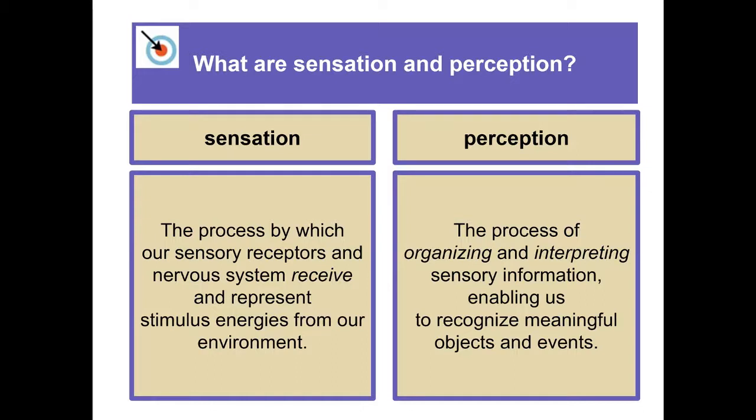So sensation is the process by which we actually encode and receive energy from the world around us. For instance, the job of the ocular system, the eyeballs, is to detect light waves. The job of the auditory system is to detect sound waves.